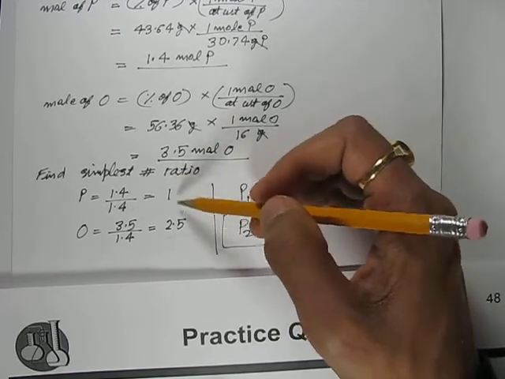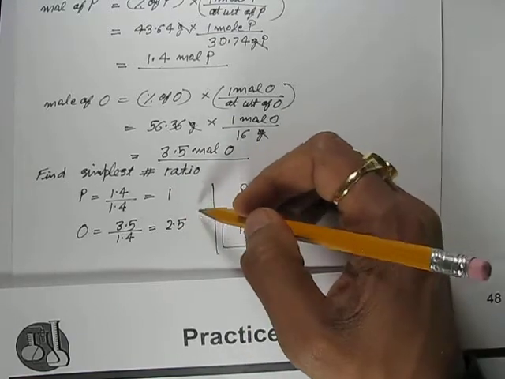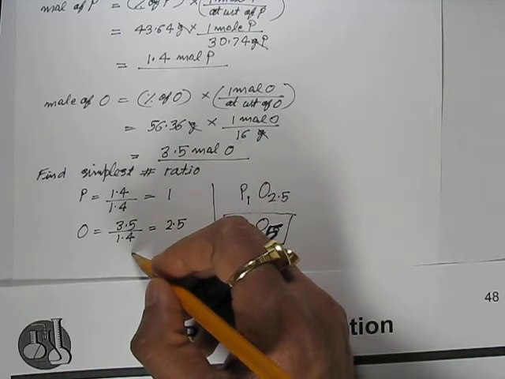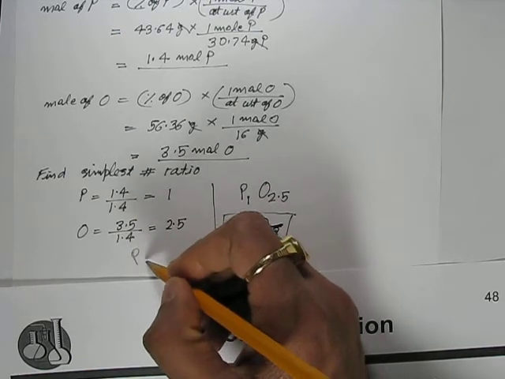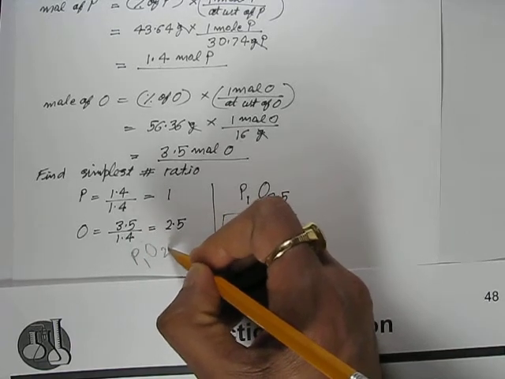So the mole ratio of phosphorus and oxygen is 1 and 2.5.